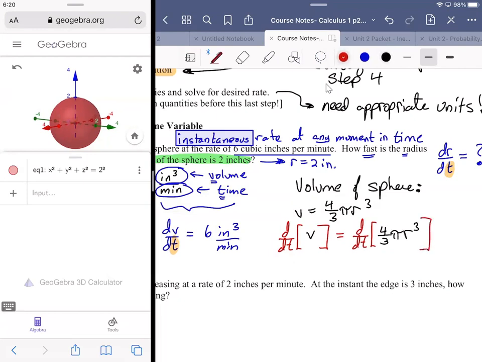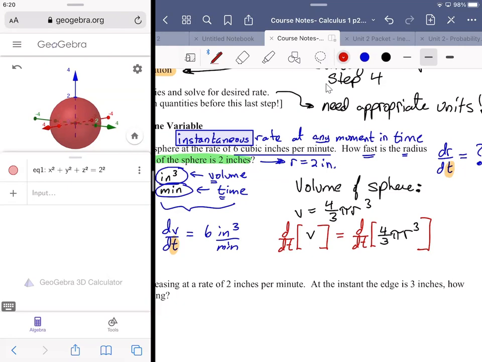Now, you might remember from implicit differentiation, there were some strategies that we talked about in terms of just getting the answer, but then there's the theory behind it. The theory was we would always apply the chain rule, assuming that whatever variable was in the function could also be a function of another variable.